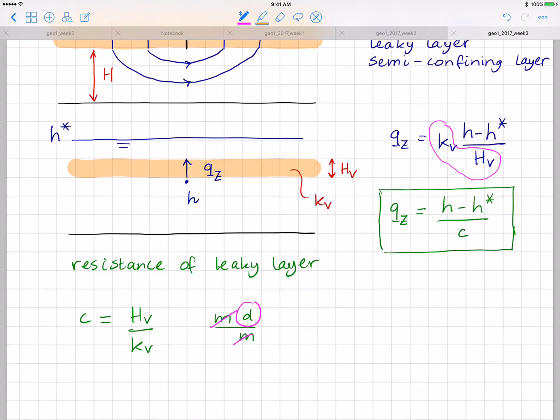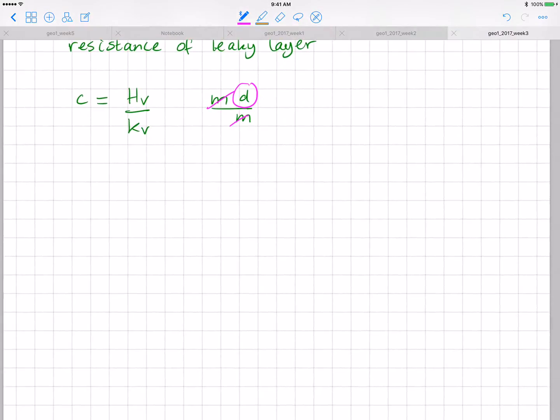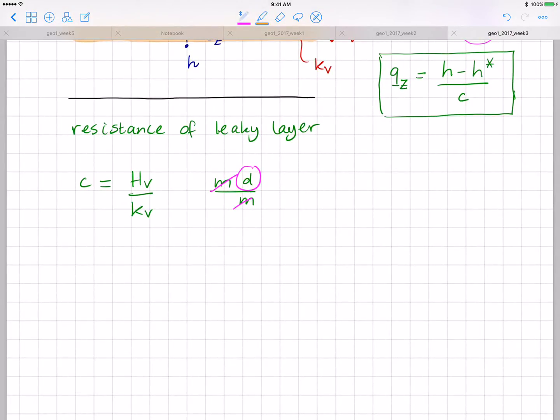Now we need to derive a differential equation for the head in the aquifer. Let's try to do that. We have already derived previously a differential equation for the head in the aquifer if we have a constant infiltration rate, N. That looks something like this, where we have an aquifer and we have a recharge N on top.